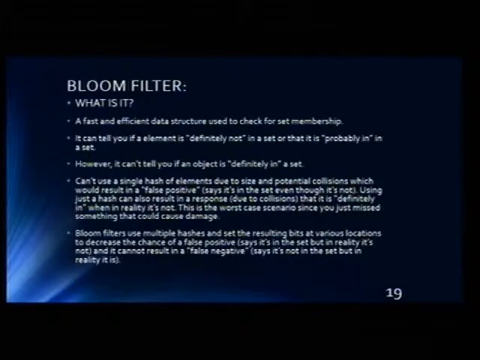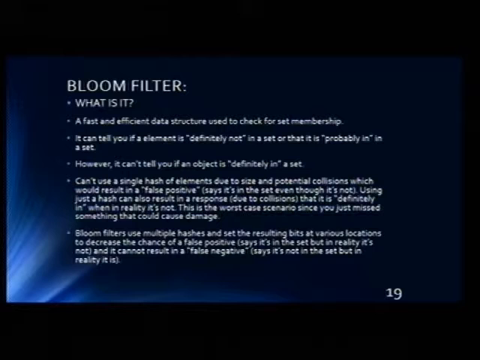Okay, I'll talk a little bit more about a Bloom filter. Like I said, it's a fast and efficient data structure used to check for set membership. It can tell you if an element is definitely not in a set or that it's probably in a set. However, it can't tell you if an object is definitely in a set. And you can't use a single hash of all the elements due to the size and potential collisions, which could result in a false positive. It says it's in the set even though it's not.